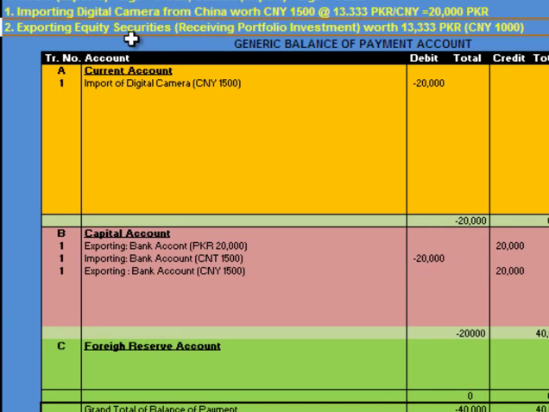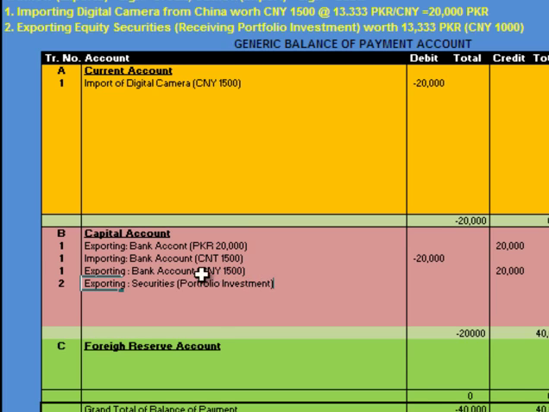You are exporting equity securities or you are receiving portfolio investment, and portfolio investments are recorded in capital account. So the second transaction would be recorded here as exporting securities, and this would be as portfolio investment.